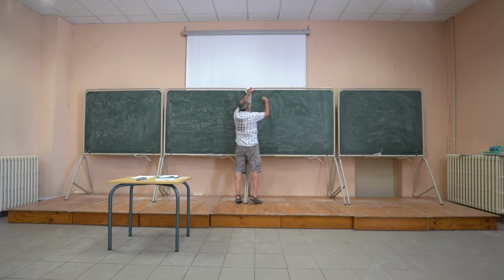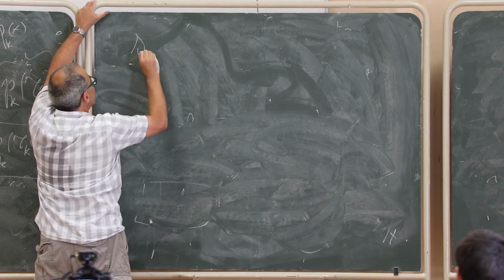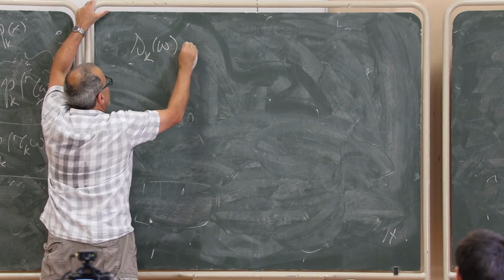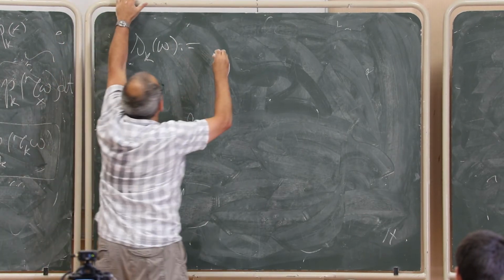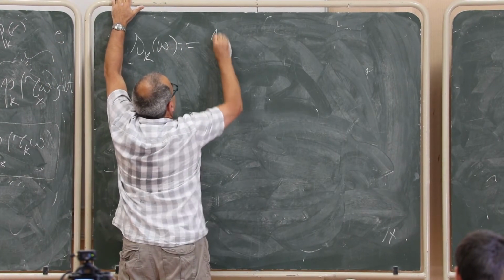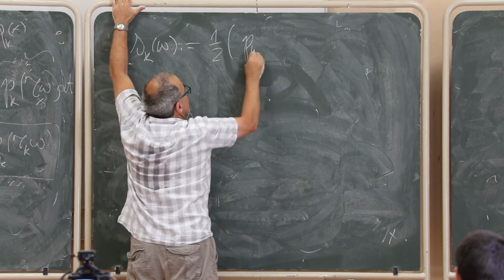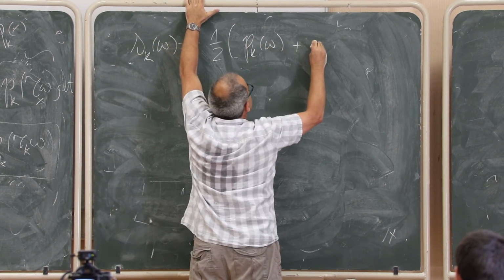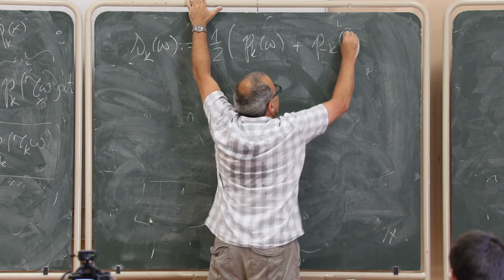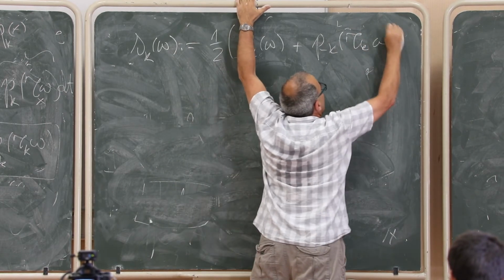I will write S sub k omega to be 1/2 of p sub k omega plus p sub minus k tau k omega.